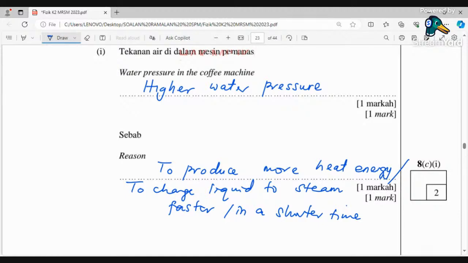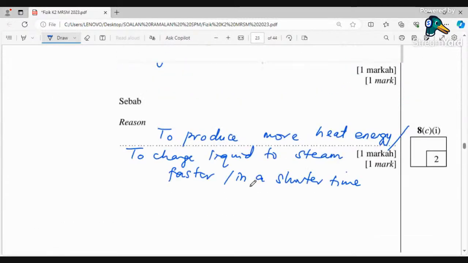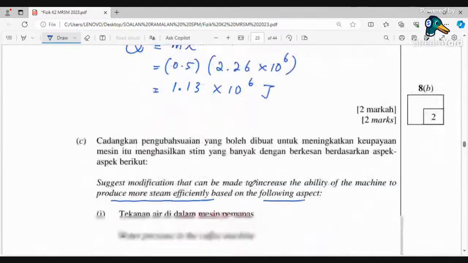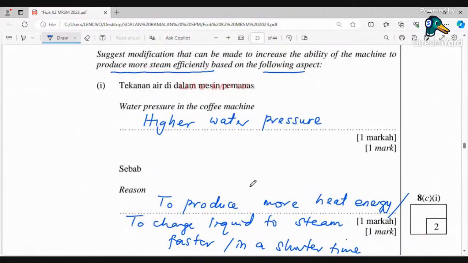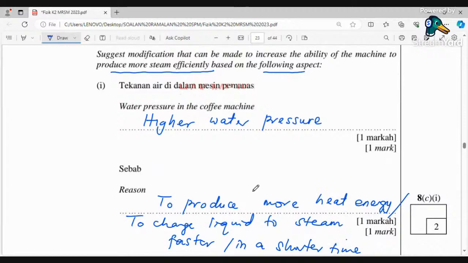Okay, number 7. Okay, size of water tank. Sorry. Bukan 7 lagi. Dia masih tadi nombor yang sama. Tak habis lagi.